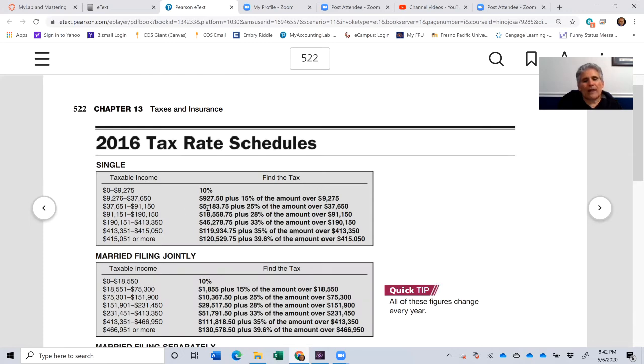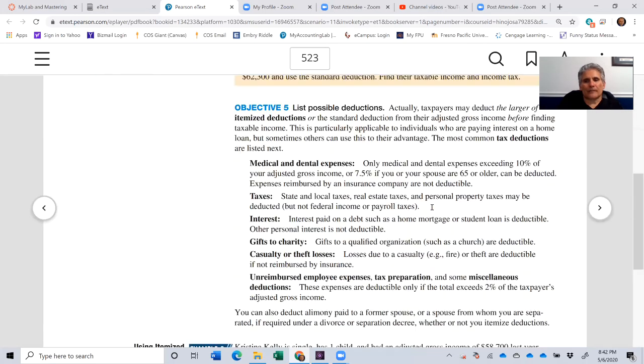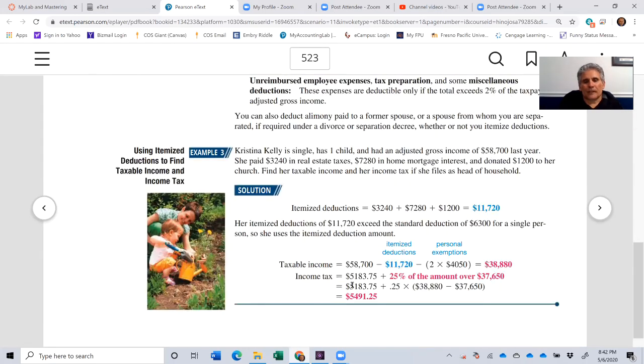So she's going to pay $5,183.75 plus 25% of any amount over $37,650. Not much, but she has a little bit over that amount. So we've got to figure out what that is. $5,183.75 plus 25% of everything over $37,650.